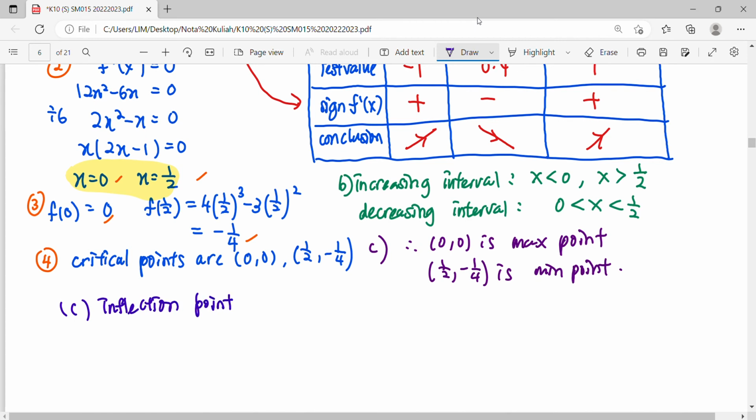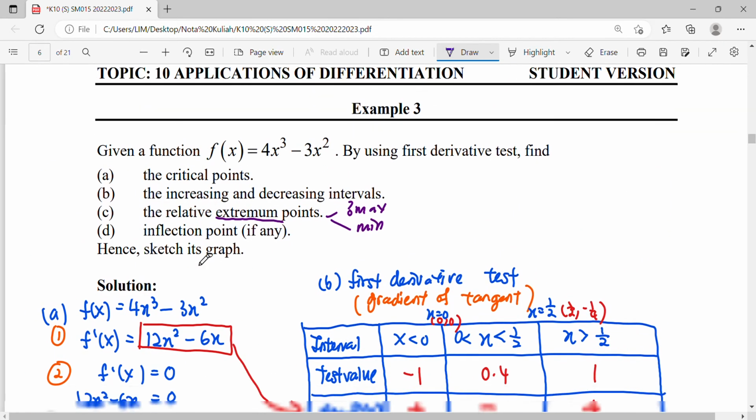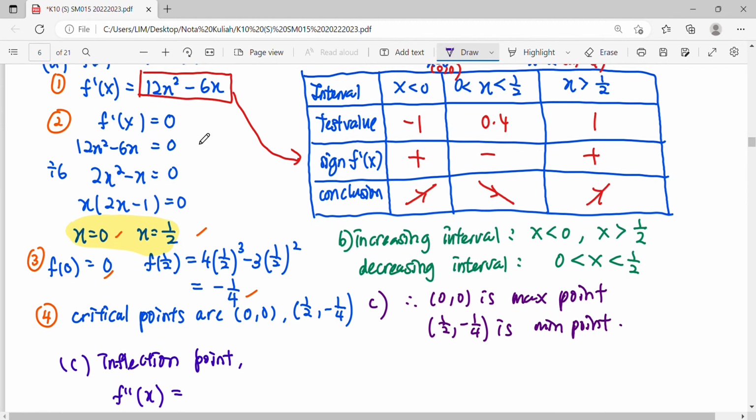we have to find our second derivative. The first derivative can find maximum and minimum. To find the inflection point, we go to the second derivative. So from the first derivative here, we differentiate one more time. Power comes down in front, power minus 1.